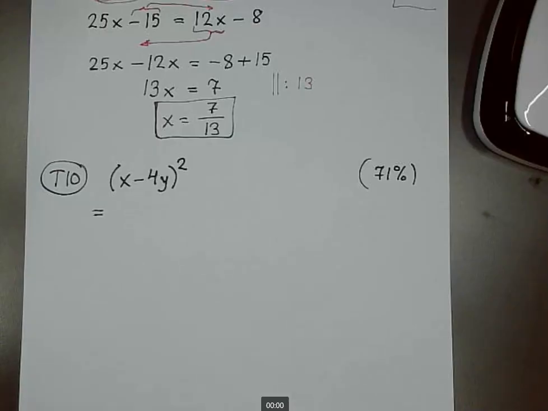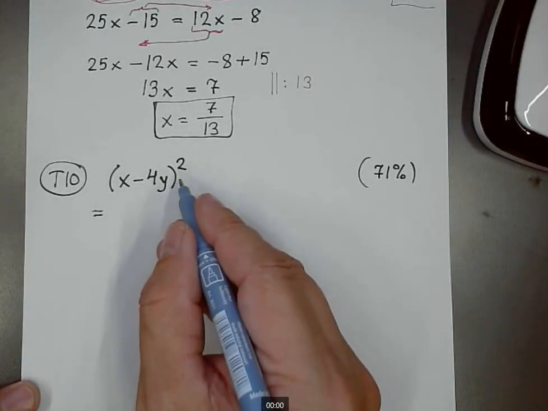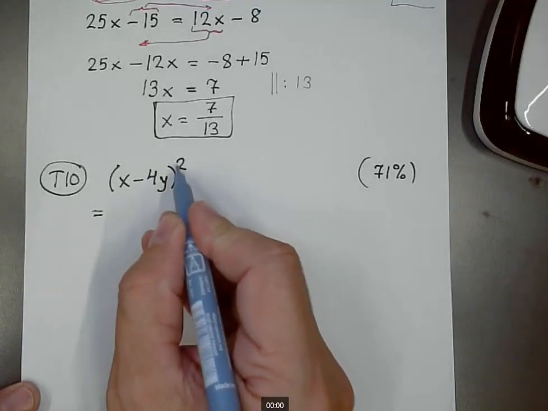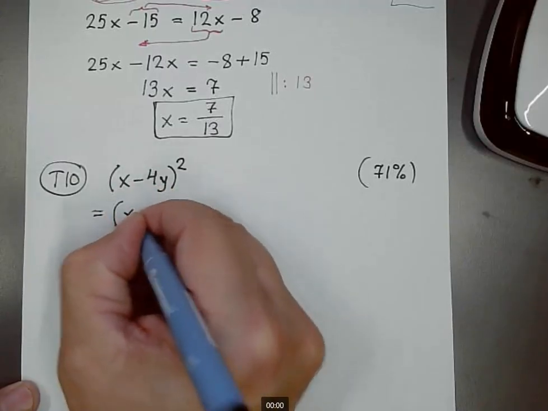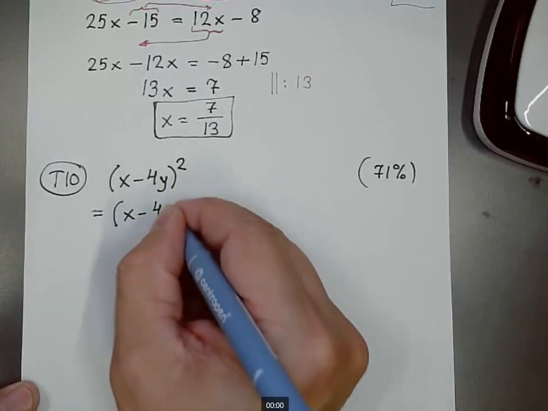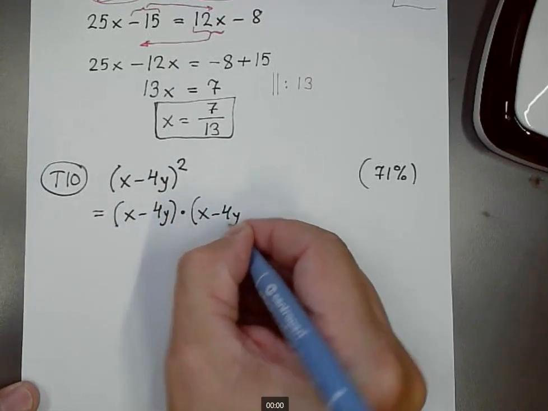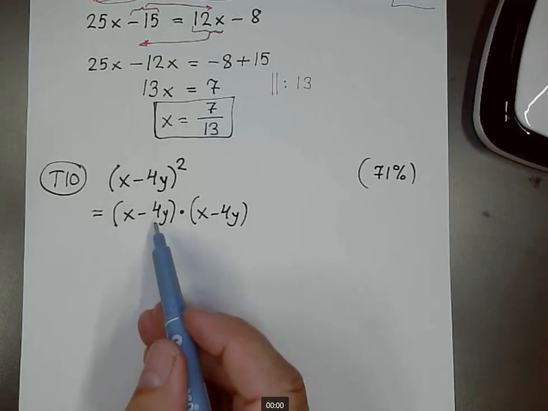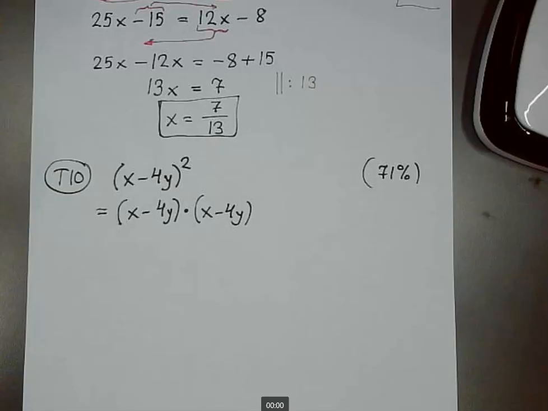Yes, I will take that also. But I will first write this as a multiplication. So we have this 2 here in the exponent. So it means we have a multiplication where we have x minus 4y times x minus 4y.